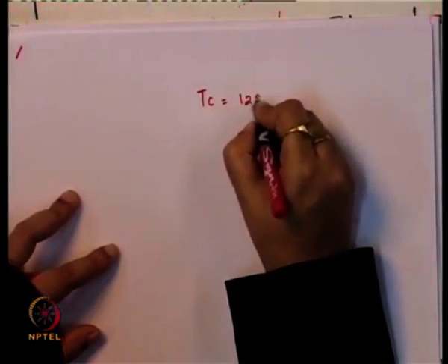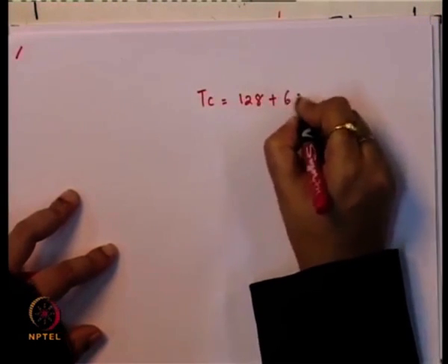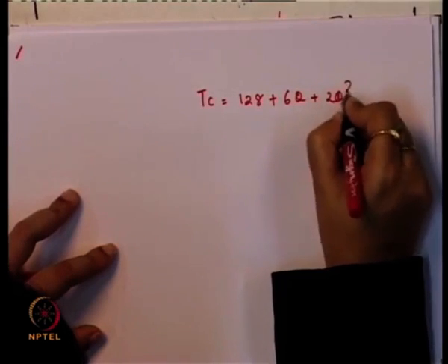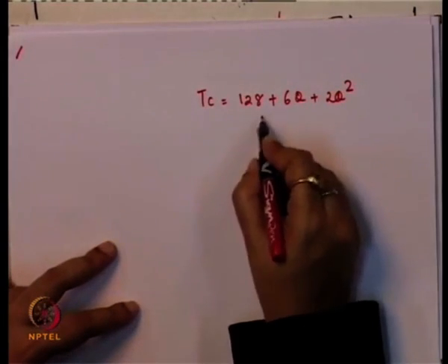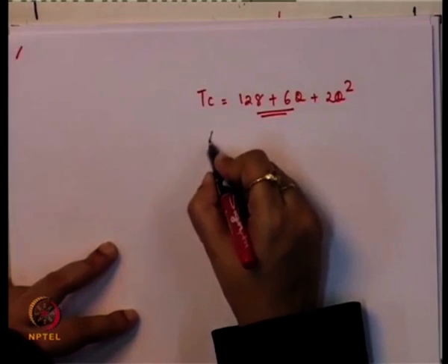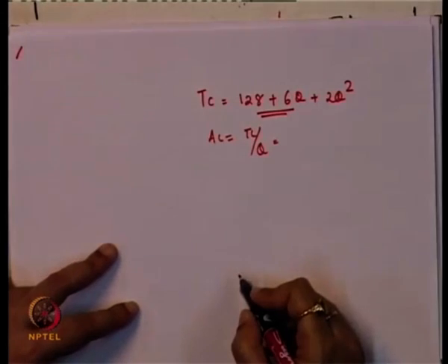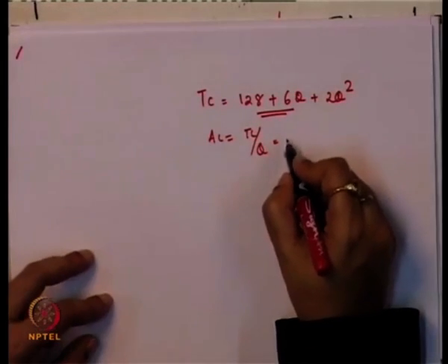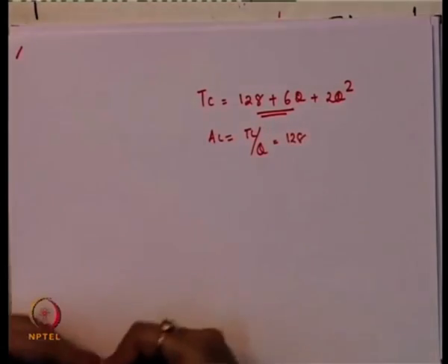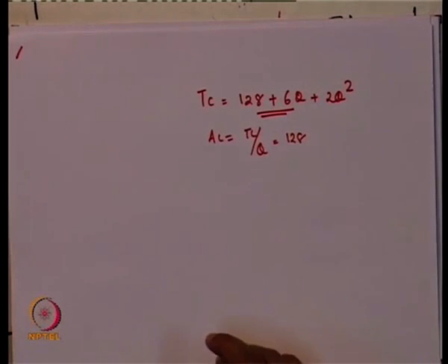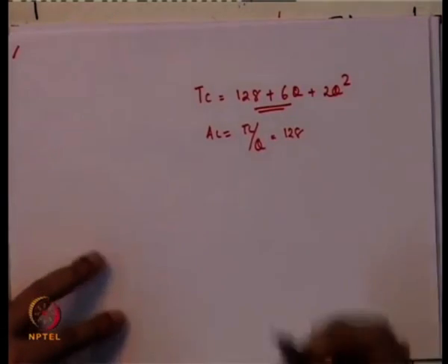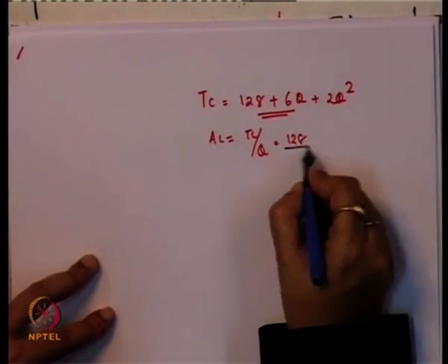So if we take a cost function like this, total cost is equal to 128 plus 6q plus 2q square. If this is the cost function, then in order to find average cost, as we know, this is total cost divided by q. So generally when we find the average cost, we divide it by the unit of output.